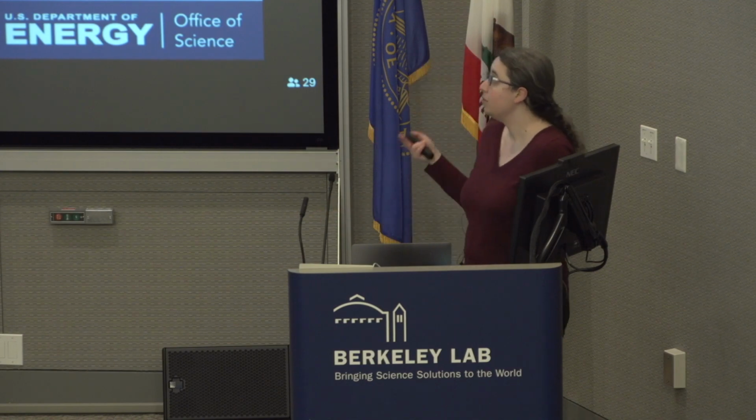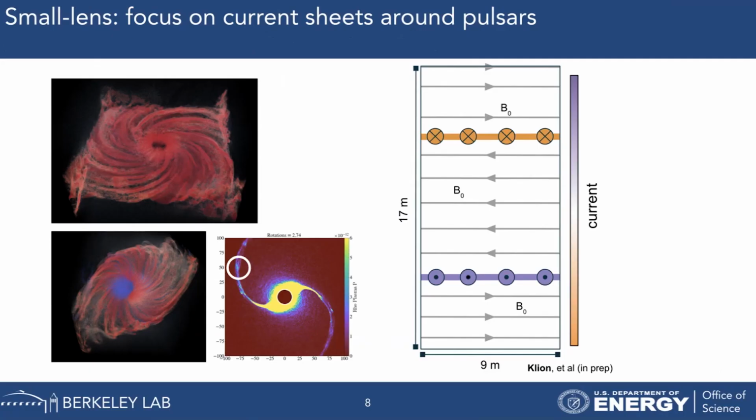So for that, we use these small N simulations, where the setup is a box that's only 10 by 20 meters in size, which is about the size of the smallest cell in some state-of-the-art pulsar simulations. So we're really drilling down into the plasma physics here. So we have a pair of current sheets, one coming out of the page, one going in, and then these anti-parallel magnetic field lines.